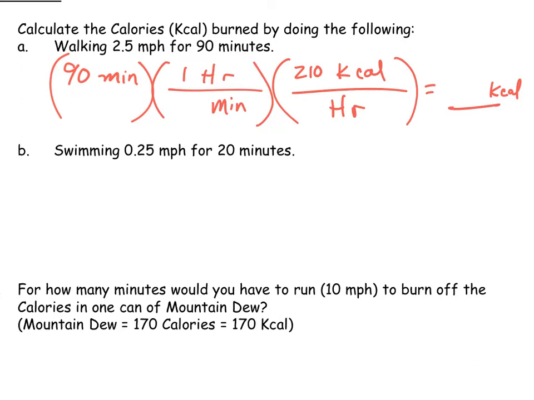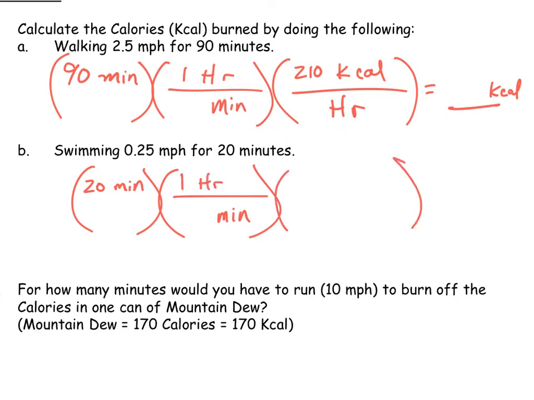All right, let's do a similar one for swimming, but now we're going to swim for 20 minutes. Remember, our chart is per hour, so we're going to have to convert minutes into hours. So 60 minutes, remember, in 1 hour.